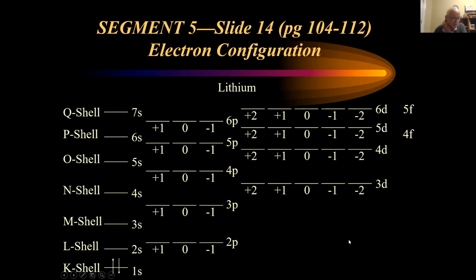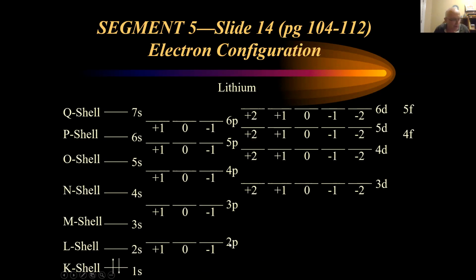Lithium would add one more electron to this configuration to get lithium. Lithium is element number 3 with 3 electrons. Where would it go? Well, you could say, okay, all these orbitals are available, but this one's lower in energy. Now again, why is it lower? N is 2, L is 0, 2 plus 0 is 2.